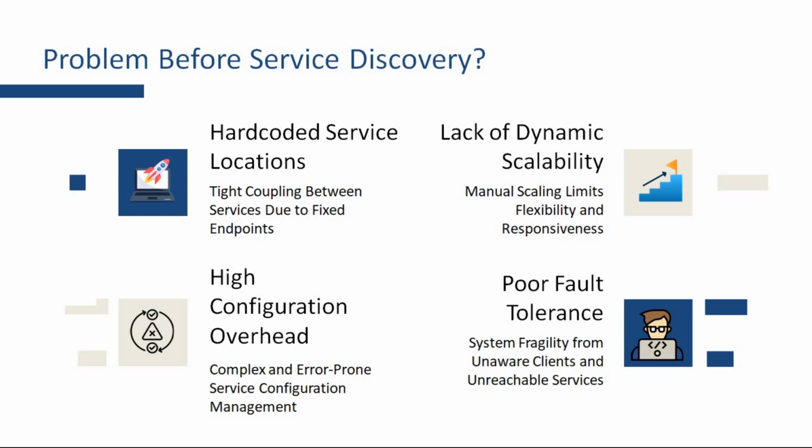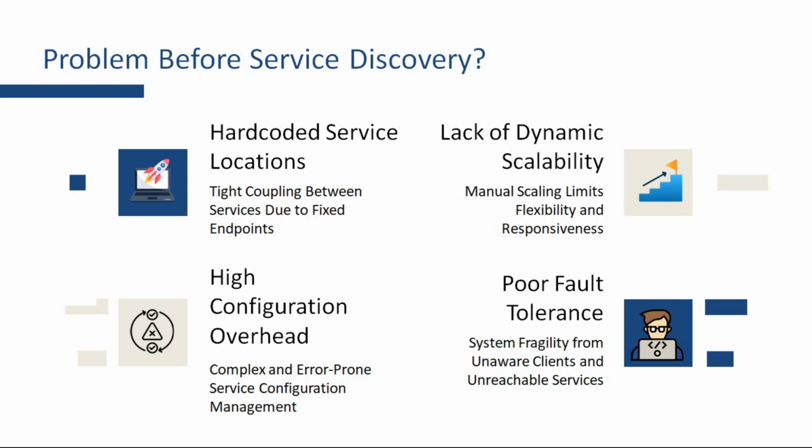1. Hard-coded service locations. The first major issue was that services had to know the exact network locations, like IP addresses and port numbers, of the other services they needed to talk to. This meant that anytime a service location changed, you had to manually update configuration files or even the code itself.